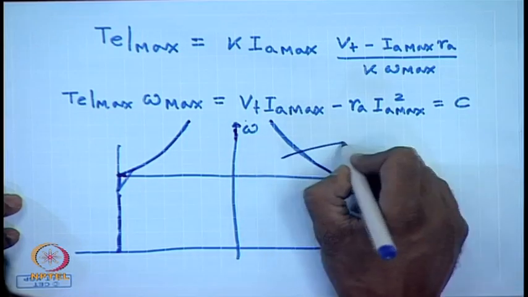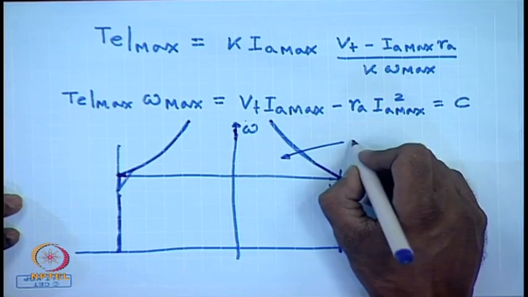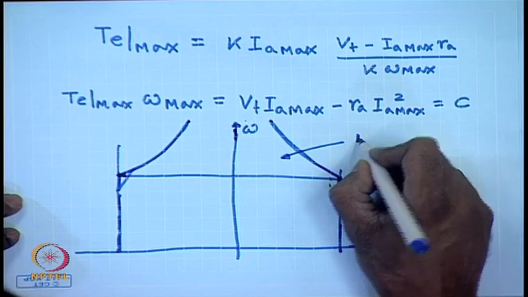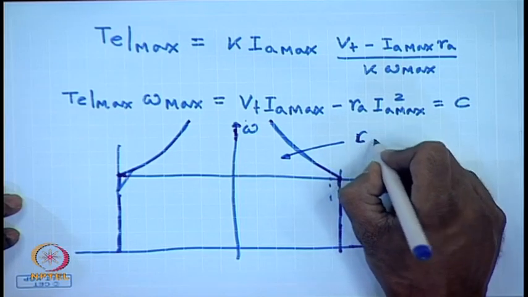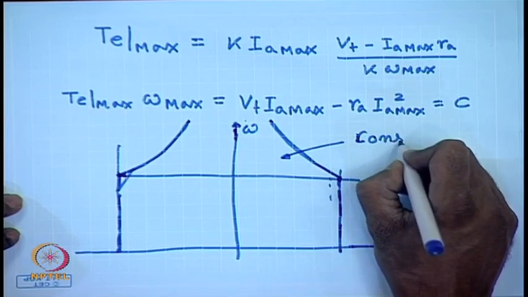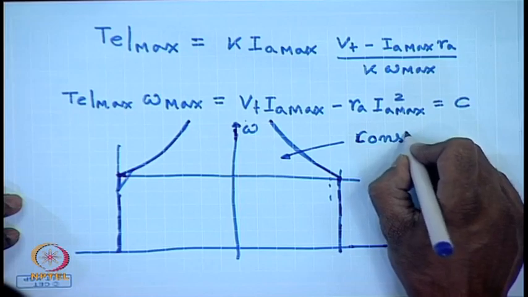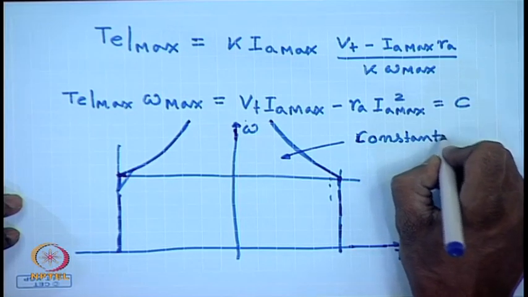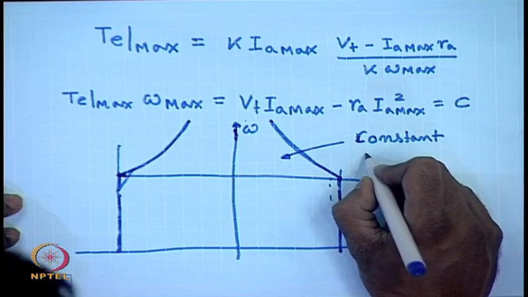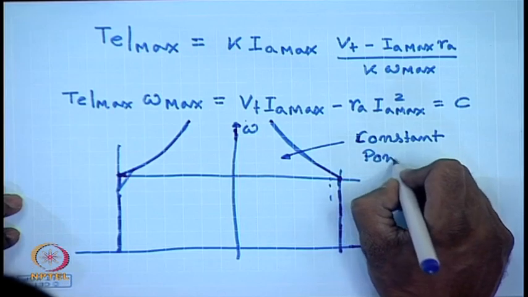So, this is called the maximum power, the constant power operating zone.